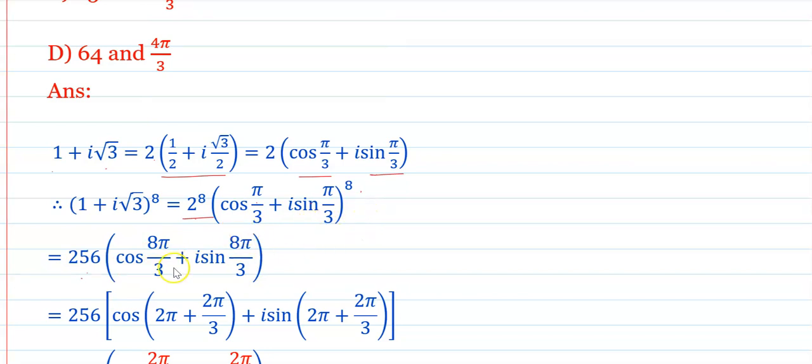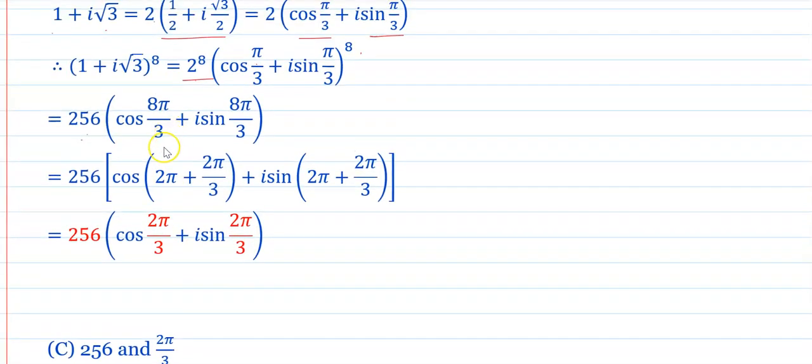And therefore next, cos of 8 pi by 3 can be written as, dividing 8 pi by 3, 2 pi plus 2 pi by 3. Same thing here, 2 pi plus 2 pi by 3. There is one more result: cos of 2 pi plus theta equals cos of theta, in the first quadrant.